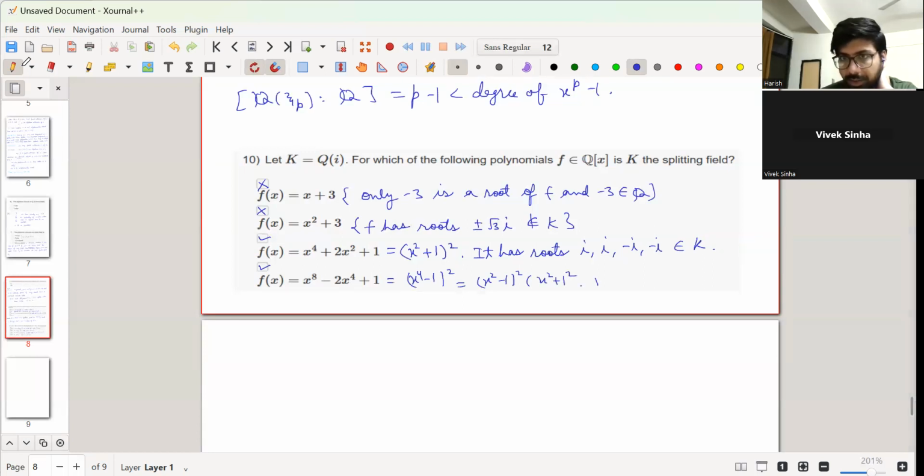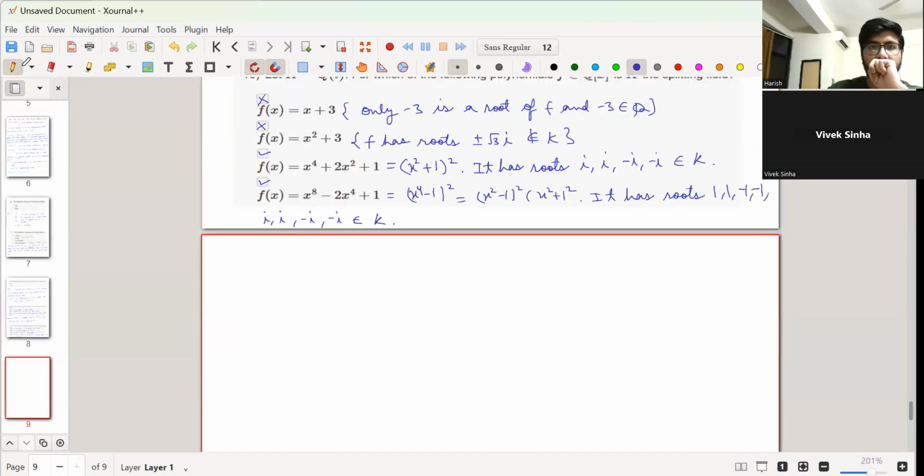So it has roots 1, 1, minus 1, minus 1, i, i, minus i, and minus i. There are repeated roots, and all are inside K, right? So it will be this.